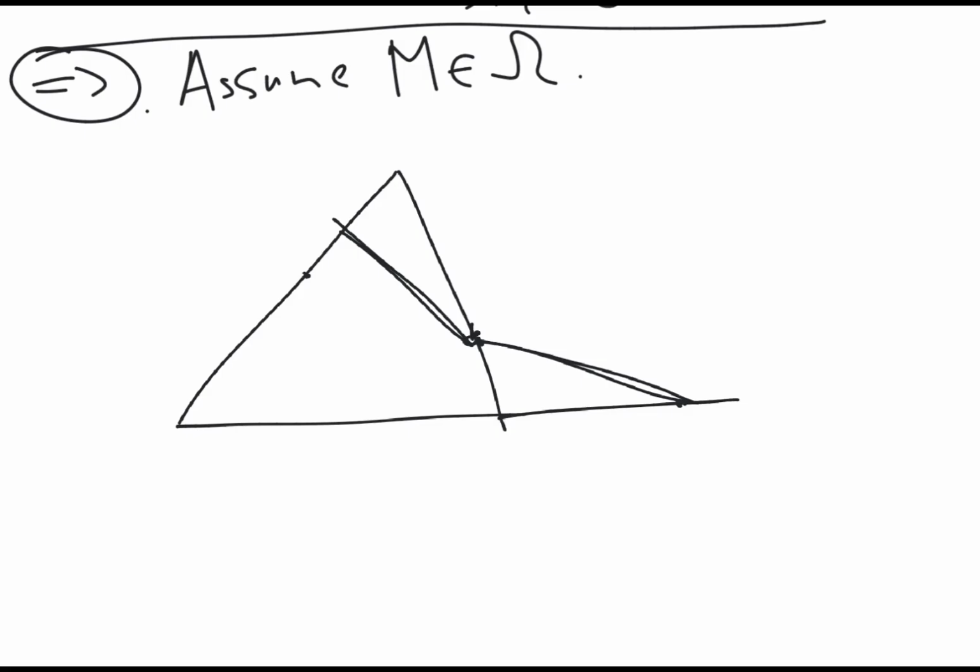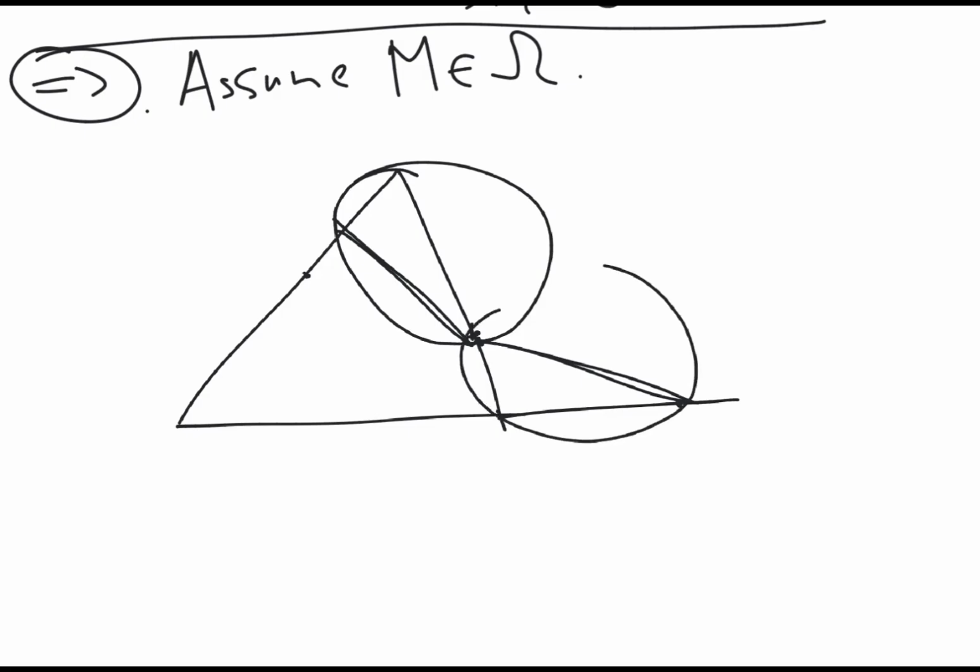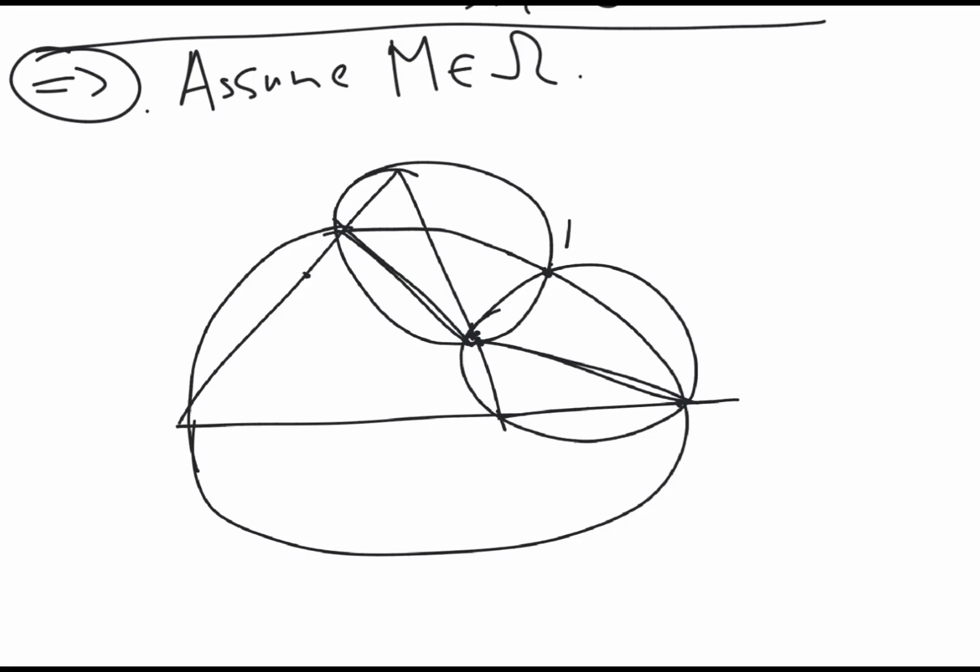And we know that the circumcircles, when we draw the intersection, this is the Miquel point.